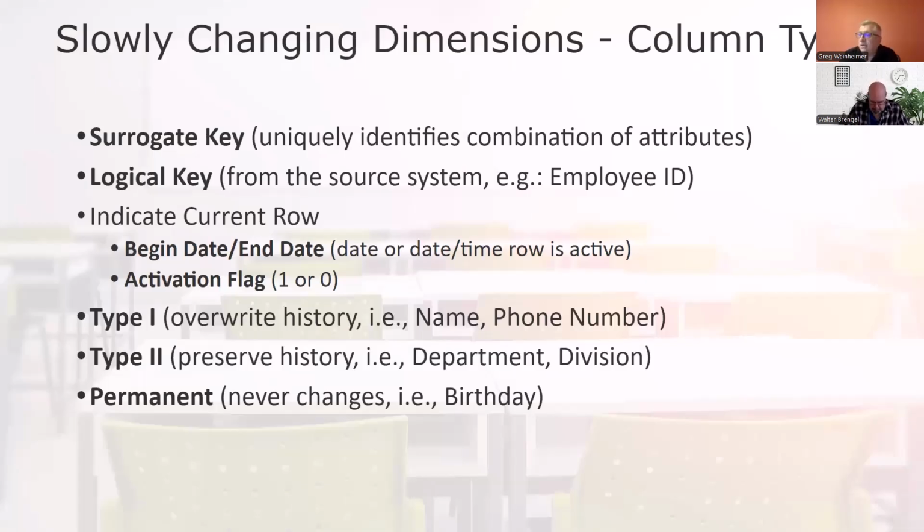We preserve the history. So if you have an employee table and you're keeping track of what department or what division they're in, you may want to keep track of that through history. So you'll mark this as a type 2 and you'll be able to keep your history on it. I'll go over how that happens in the next slide or two. Permanent records never change, like birthday, what have you.